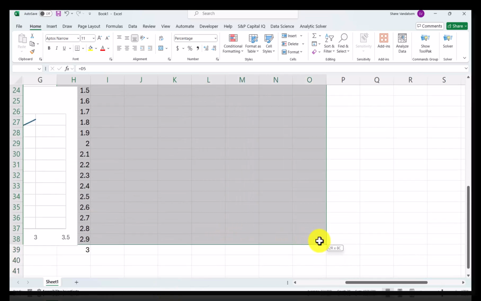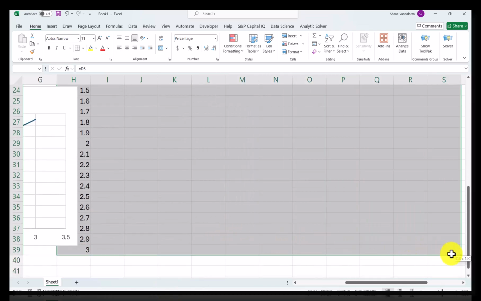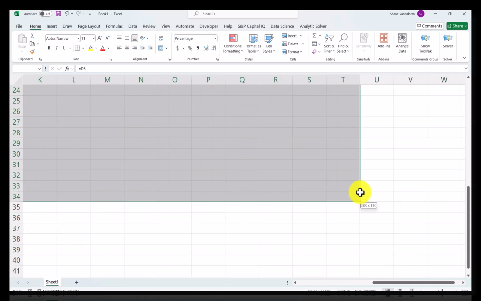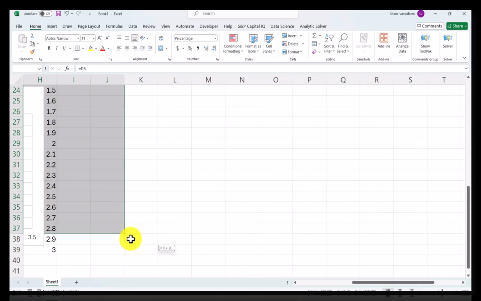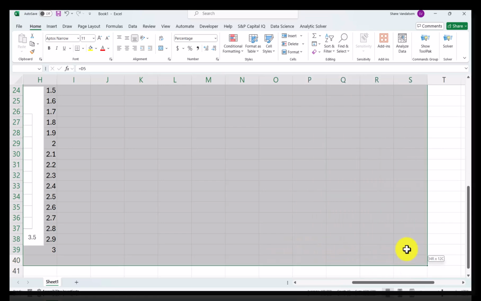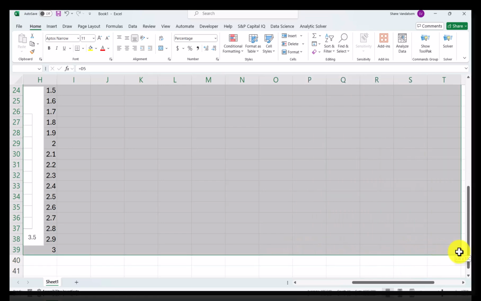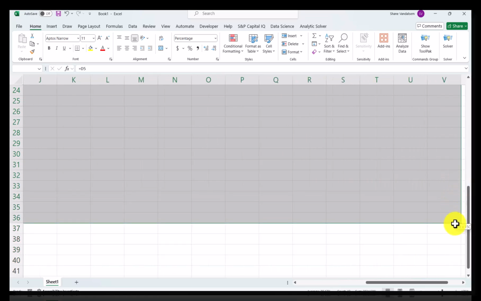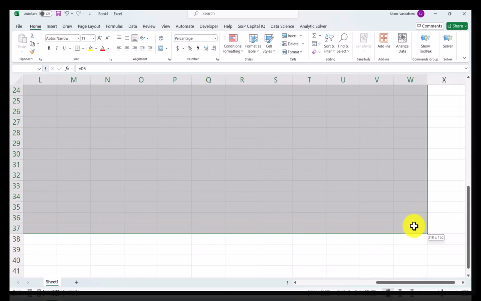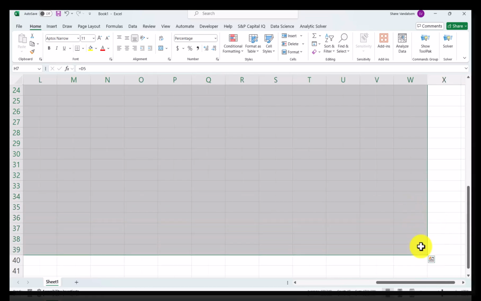So over here, it's down to row 39, and then over to column W. There we go.